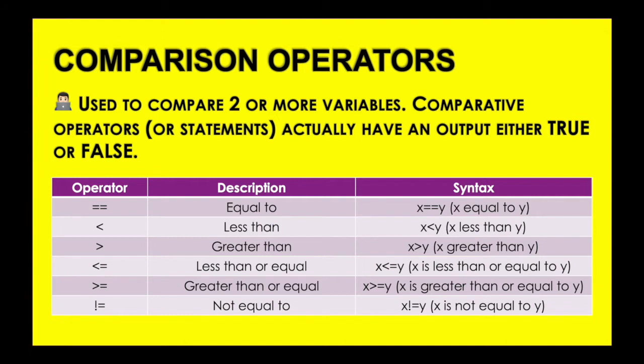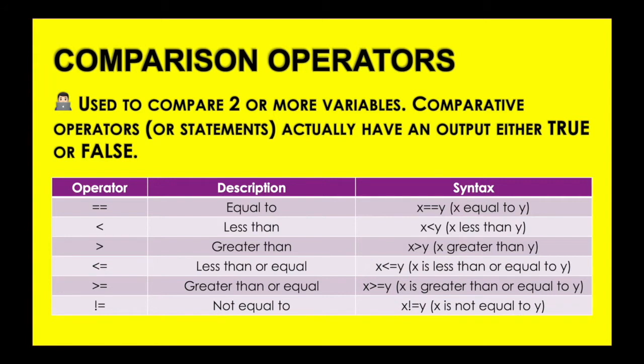It is used for assigning data to our variables. For example, our variable is x, so x = 1. That is an assignment operator, and it is very different from the equal to operator, which is the double equal sign.